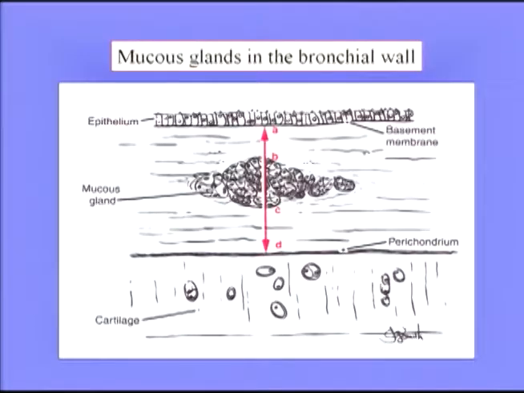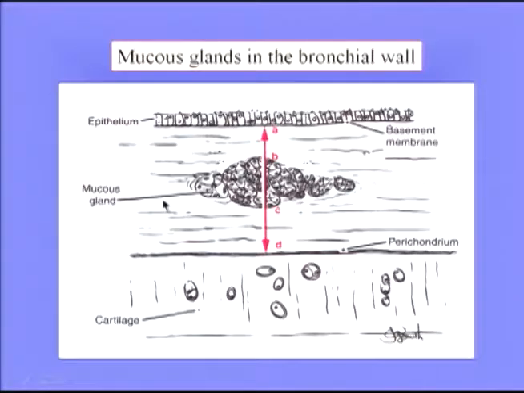And this is a drawing to remind us of the mucus glands, which are situated between the epithelium of this airway here and the cartilage here. And you can see the mucus glands clearly, and you can also see some arrows here, and this is just to indicate that you can actually measure the amount of the mucus glands by this distance here divided by the total distance here, BC divided by AD.